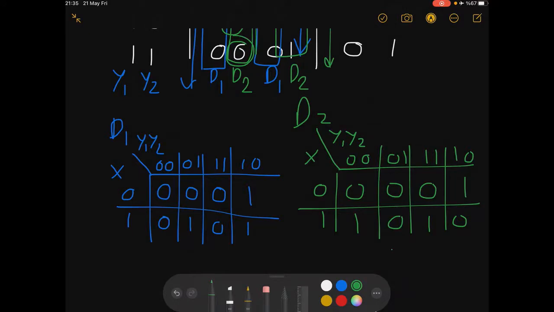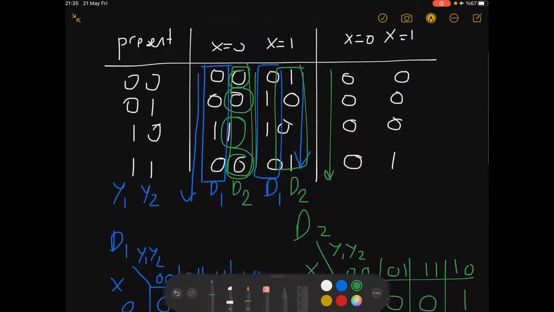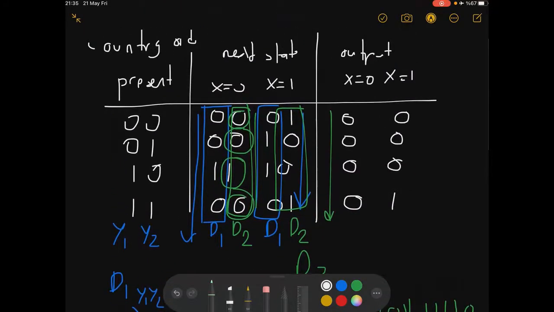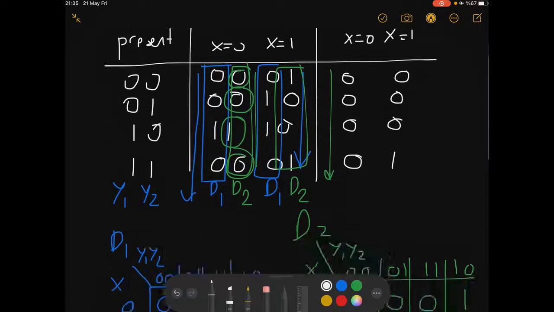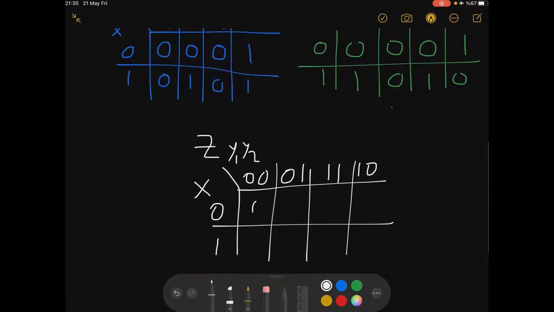I think we already have it. And finally the output, you will have 0, 0, 0, 0 and 0, 0, 0, 1.